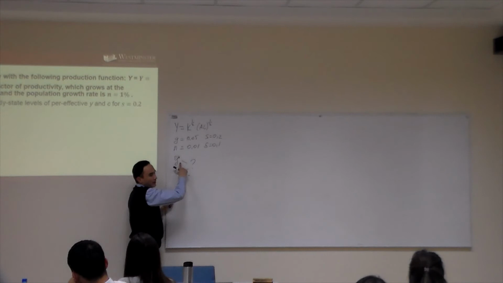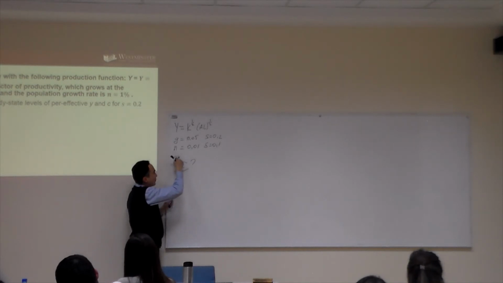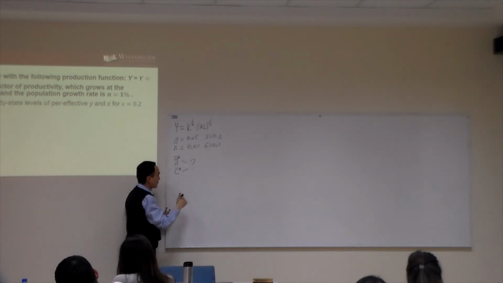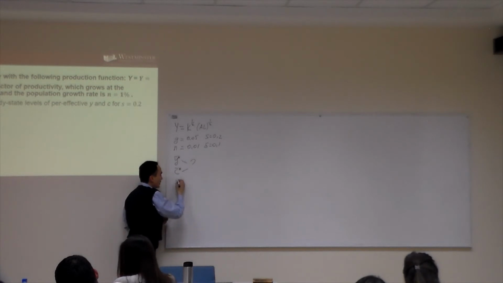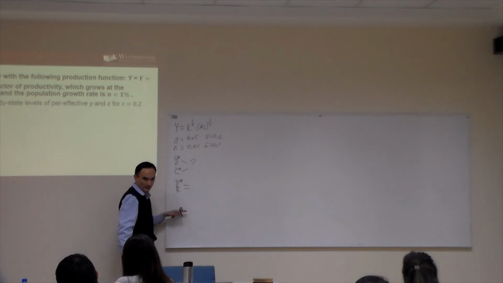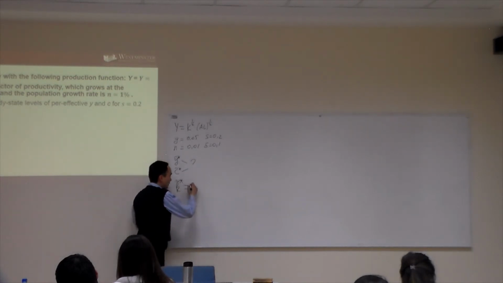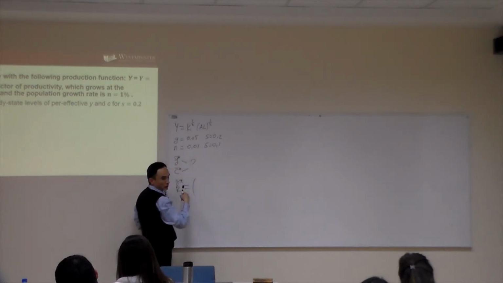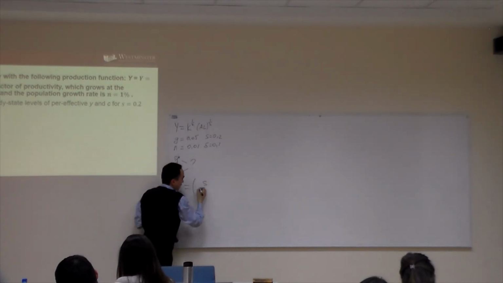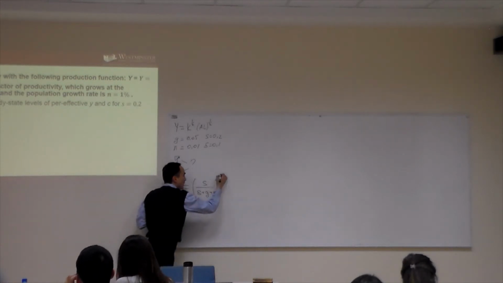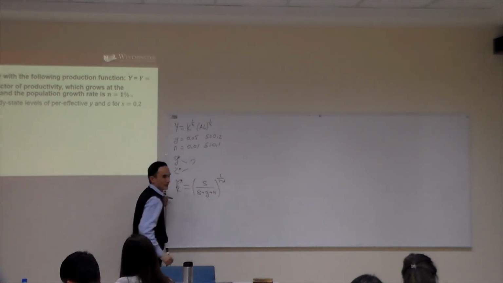In order to find the steady state level for output per effective labor, we have to find, first of all, what our capital per effective labor in steady state is equal to. You already know the equation of this one, right? Because there is population growth and technology growth, it is the saving rate over depreciation plus growth rate of technology plus growth rate of population, to the power of 1 over 1 minus alpha, right?